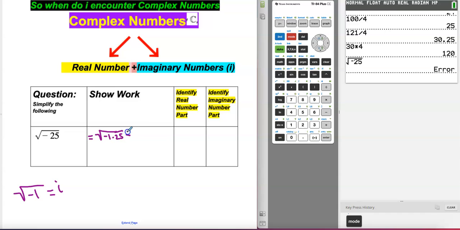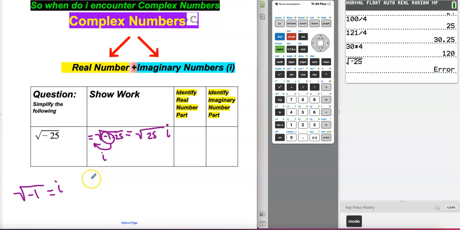So this is equivalent to the square root of 25, and then because this is negative 1, you can pull out that negative 1 from under the square root, but when you pull that negative 1 out, it has to come out as an i because it's an imaginary number. Okay, so we put the i on the outside of the radical.